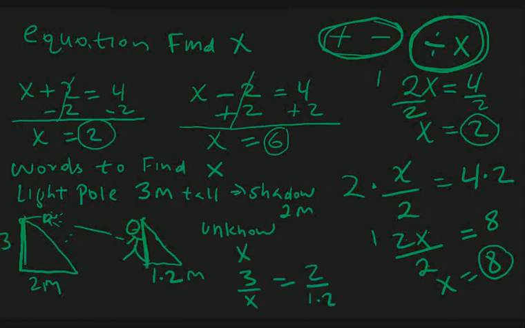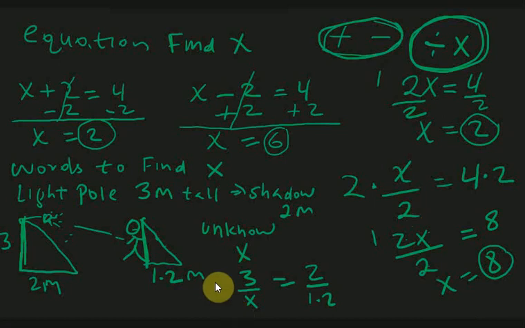So first, what you know is how tall the pole is, 3, over unknown, how tall the person is, x. So 3 over x equals, this is the base, 2 meters over 1.2. Now in order to find x, just like before when we had x over 2, we multiplied by 2, the 2 cancelled out, and then you have only x.